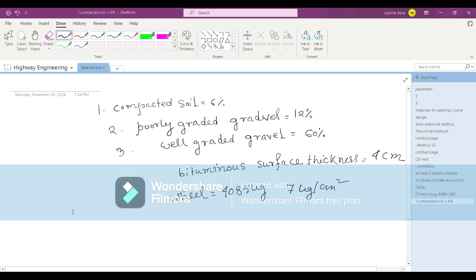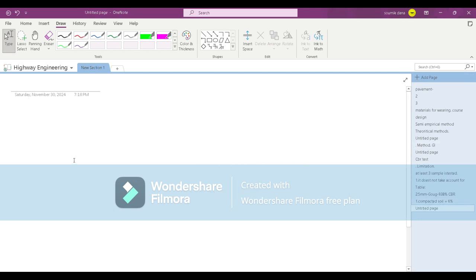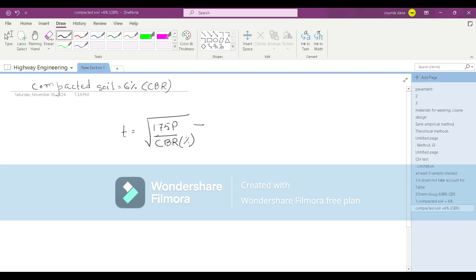And so for the compacted soil, 6% CBR, T is equal to 1.75 P divided by CBR percentage minus P divided by P pi.